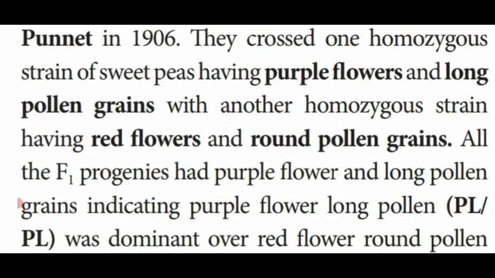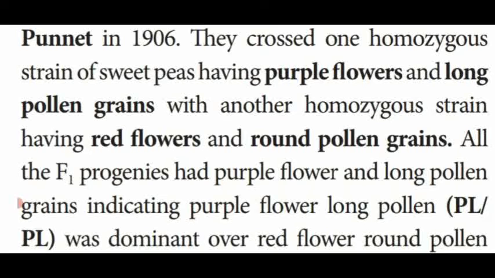They took two characteristic features: one is the color of the flower, another is the length of the pollen grains. So one sweet pea plant with a purple flower and long pollen grains is crossed with a homozygous strain of red flower and round pollen grains.